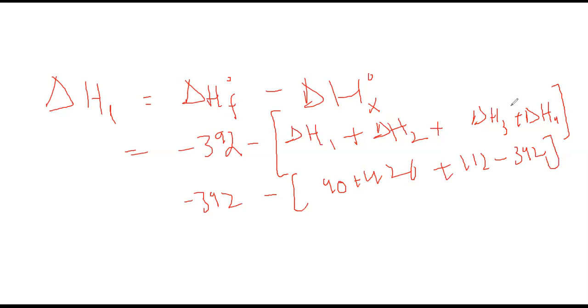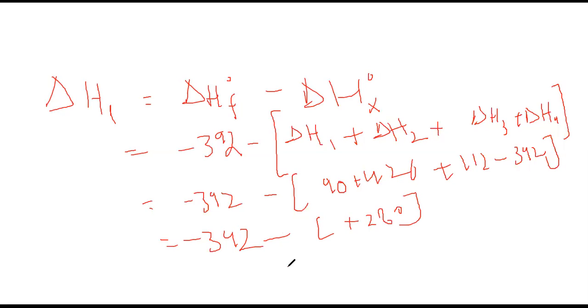This will be minus because the value was of electron affinity, and electron affinity is basically the heat evolved from the atom when an electron is added to it. So minus 392 minus the sum, which is plus 280.